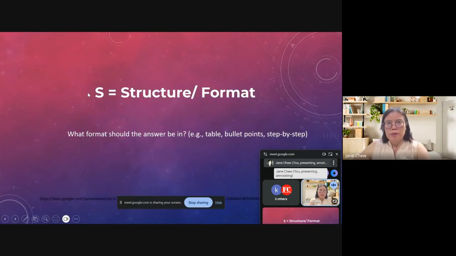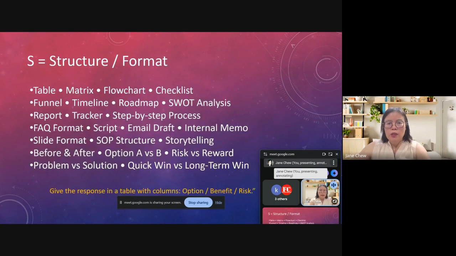And the S stands for structure. How do you want AI to produce a report? Table or bullet point or step by step. So these are the formats. Yeah, it can be a flow chart. You can also even mention SWOT analysis.